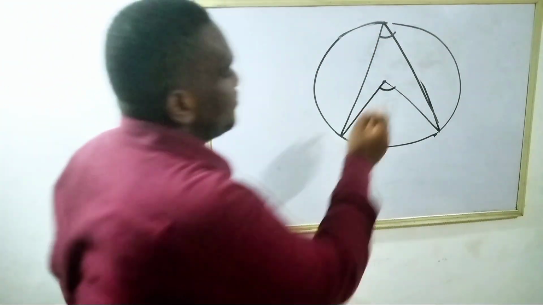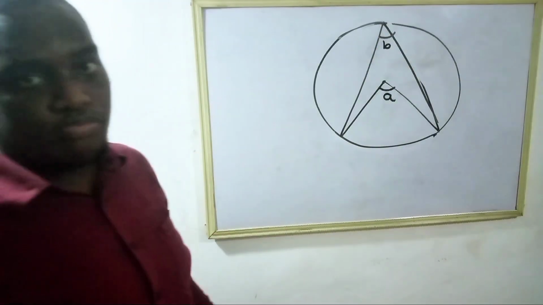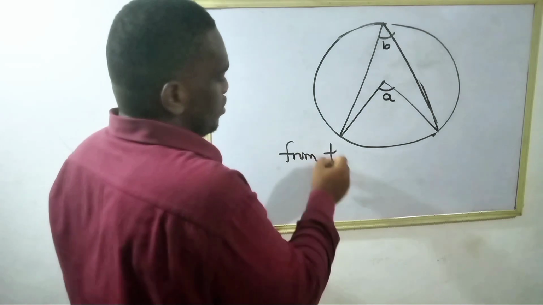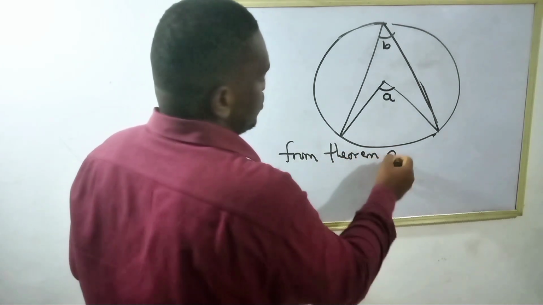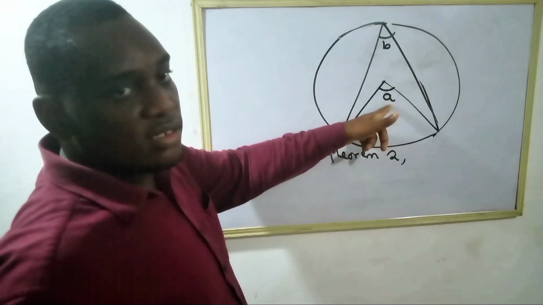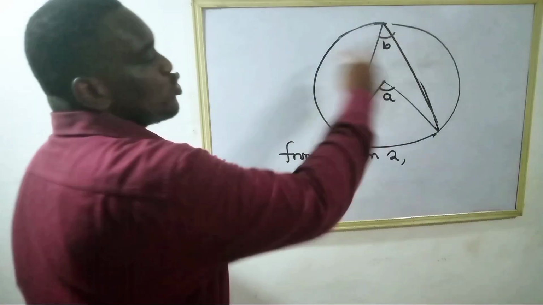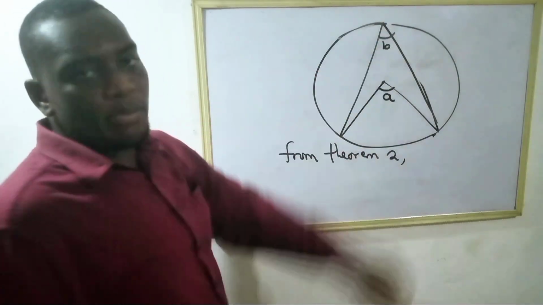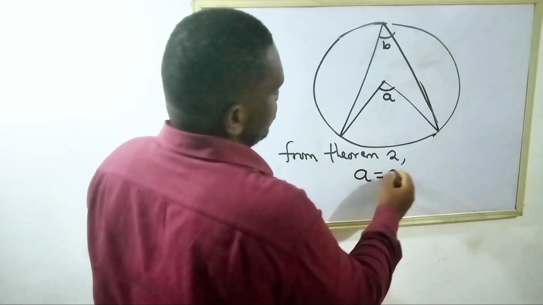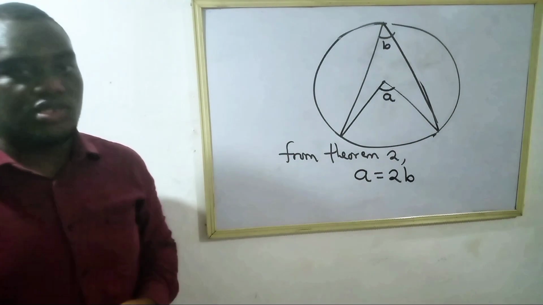If this is angle A and this is angle B, from Theorem 2, the angle at the center is always going to be twice the angle subtended at any other point on the circumference. So A is going to be 2B. That is simply what Theorem 2 is saying.